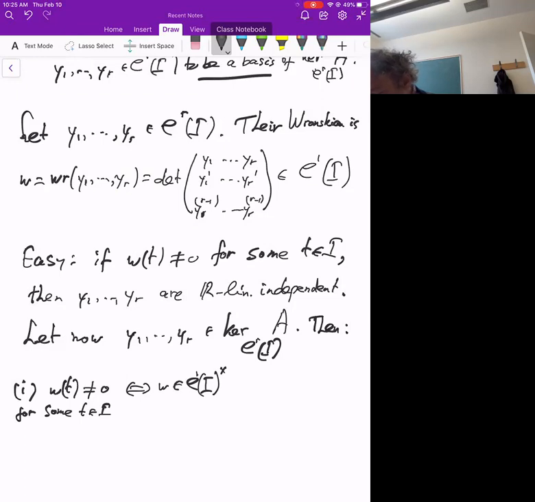So if W(t) is not 0 for some t, it will be non-zero for every t, and therefore a unit in this ring. And this is equivalent to y1, ..., yr being a basis of this kernel, of the R-linear vector space kernel.